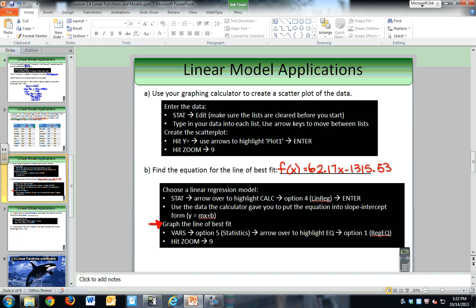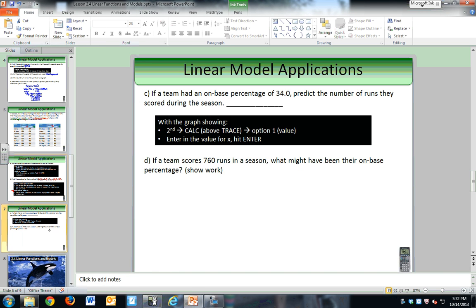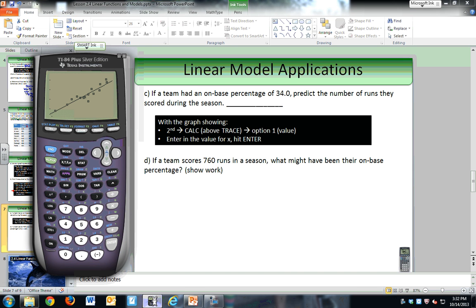We're going to use that to predict, if a team had an on-base percentage of 34, the number of runs they scored during the season. On-base percentages were our x values. So we're going to do the same thing that we did before. Go to second Calc. We're going to give a value for x and find the corresponding y value. I'm going to put in 34 as my x value.